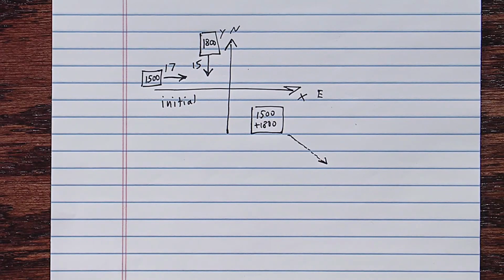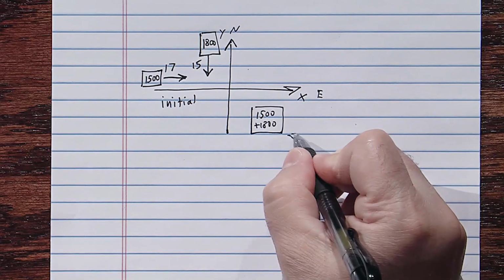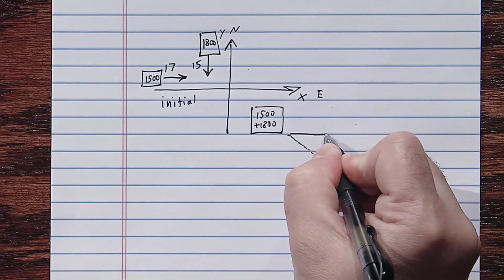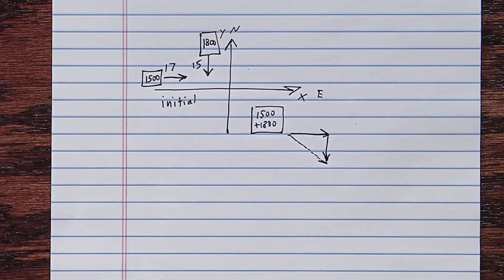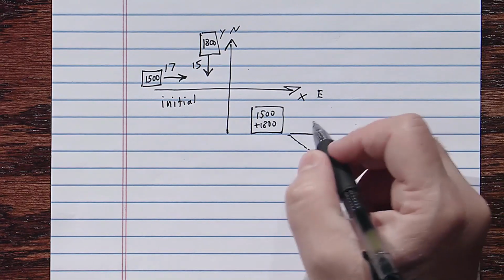We could be wrong about that, but we'll assume that. And if we're wrong, then what will happen is that we will get a negative sign for one of our components, but I don't think we will.